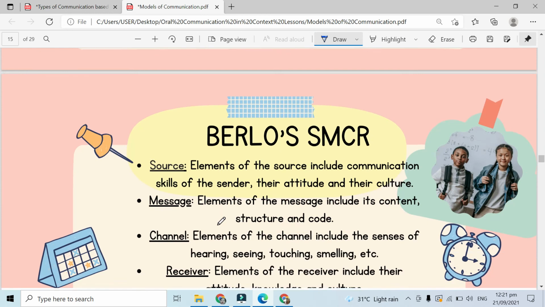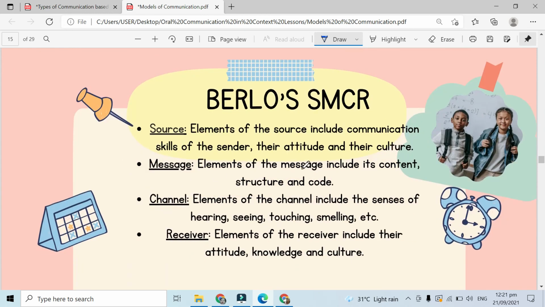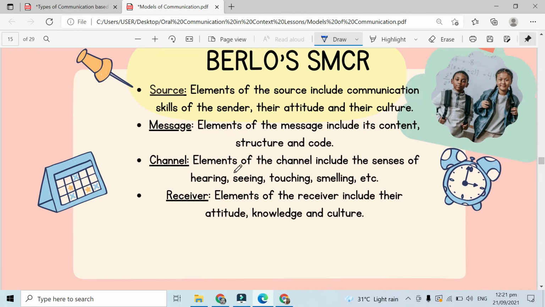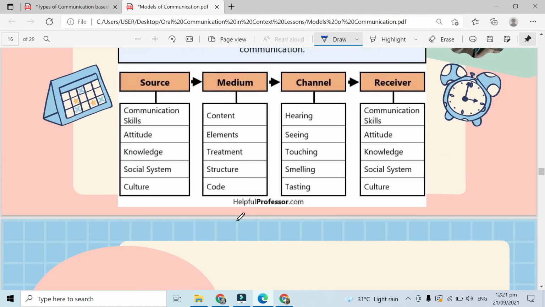So under it, we have the source. Elements of the source include communication skills of the sender, their attitude, and their culture. And of course, the message. In this model, we have source, message, channel, and receiver.